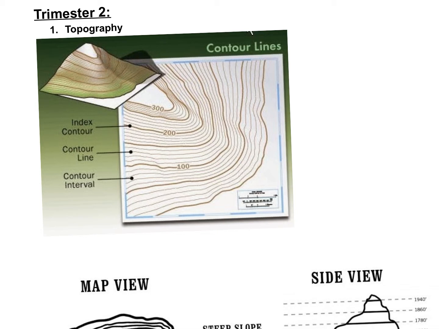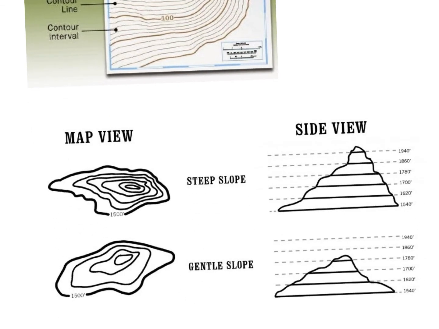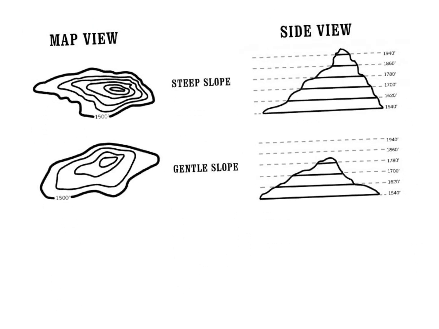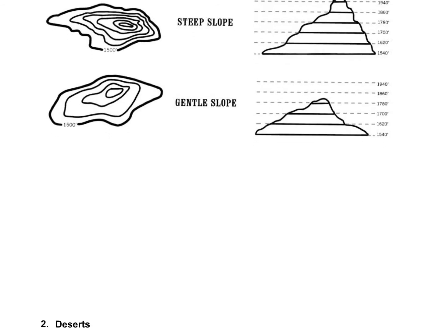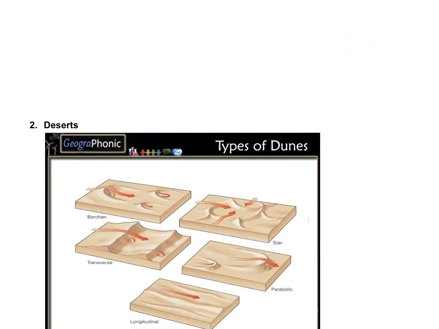Close lines, steep gradient, very spaced out lines, gentle gradient. There's your profile. So maybe you have to match up a profile. You're certainly not going to draw one. No drawn, all multiple choice type stuff. All right, straighten that one out.